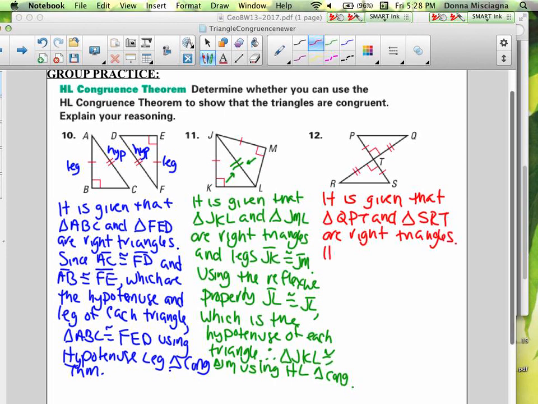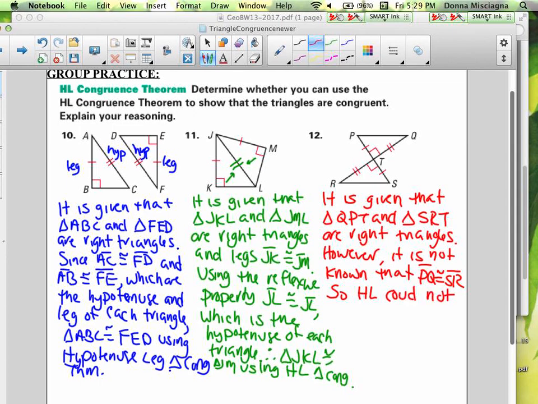However, it is not known that PQ is congruent to SR. We don't know that the hypotenuse and the triangles are congruent. And so therefore, hypotenuse leg could not be used to prove the triangle is congruent. So we can't use hypotenuse leg. So it's a no on hypotenuse leg.